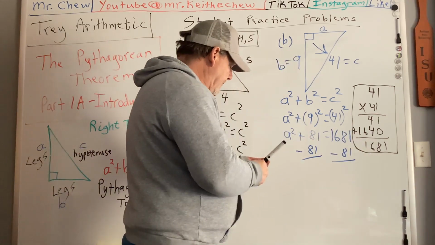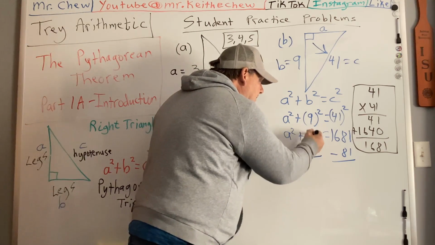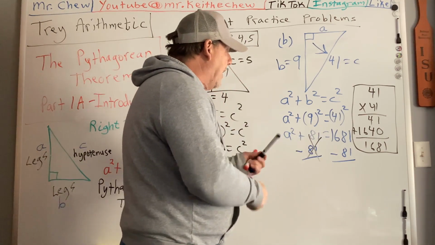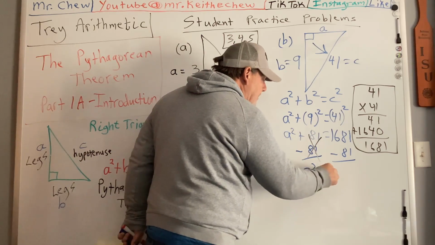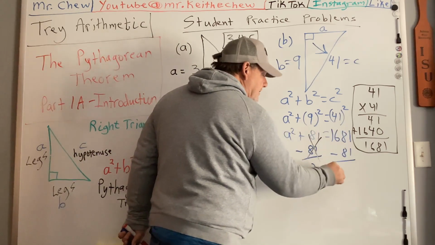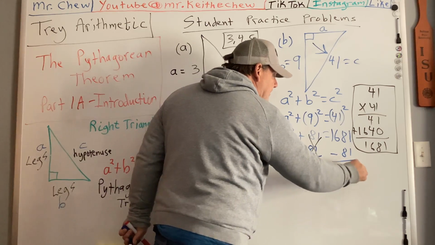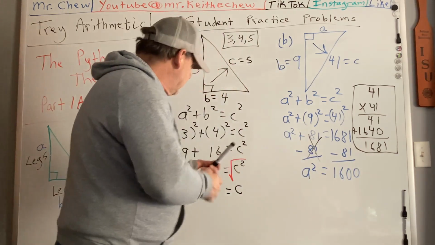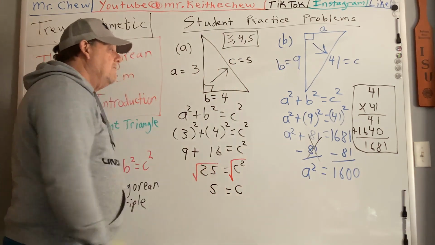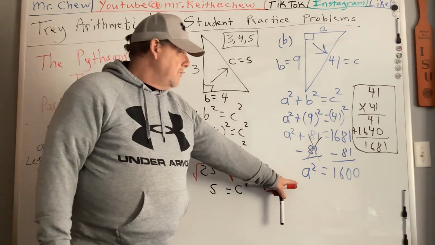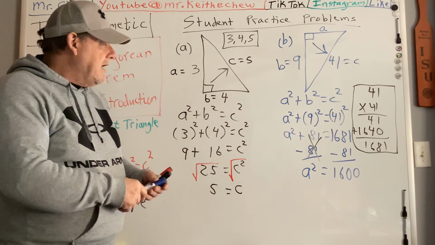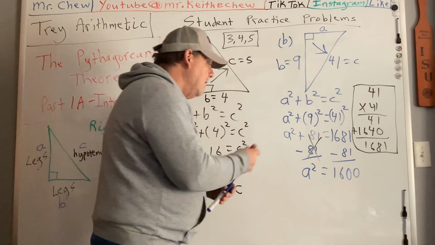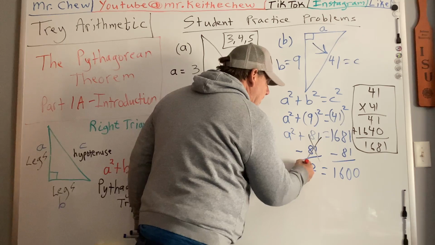On the left, this cancels out, and I always would teach my pre-algebra students to do that. a squared plus 0 is a squared, and 1681 minus 81 is 1600. Just like we did right here, the inverse operation to get rid of the a squared and make it just a is square root the a squared.